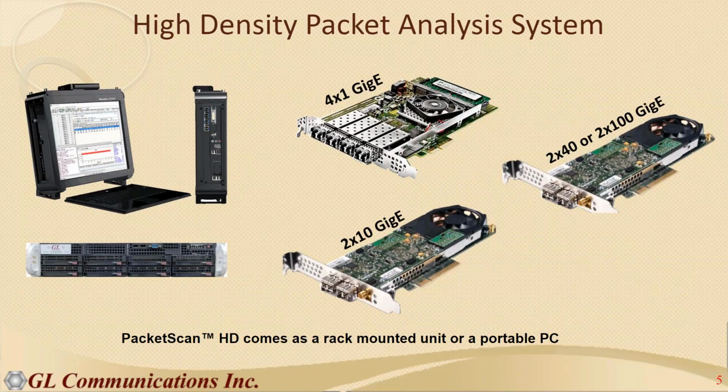So to expand a little bit on the PacketScanHD offering, it requires higher horsepower network interface cards. The interface at your network may be a 10 gig interface, or even higher than that, 40 and 100 gig. We have the ability to install one of our cards in a PC or server and give you access to those interfaces.